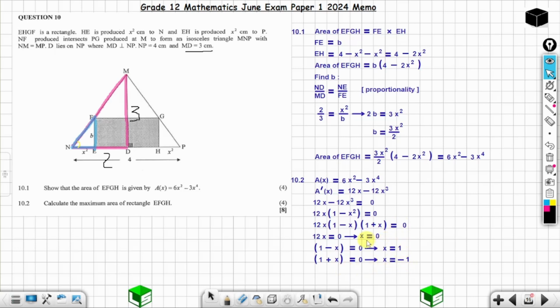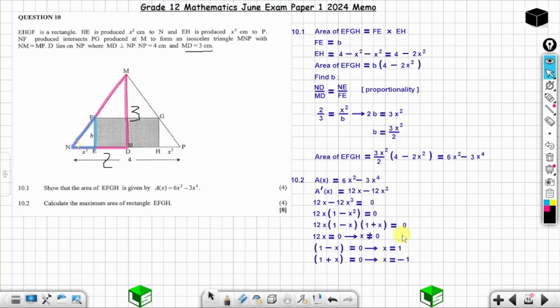Can you see x equal to 0 will not give you the maximum area, because if you plug in x equal to 0, you are going to have 0 minus 0, which is equal to 0. So this cannot give you the maximum area. We can use x is equal to 1 or x is equal to minus 1.